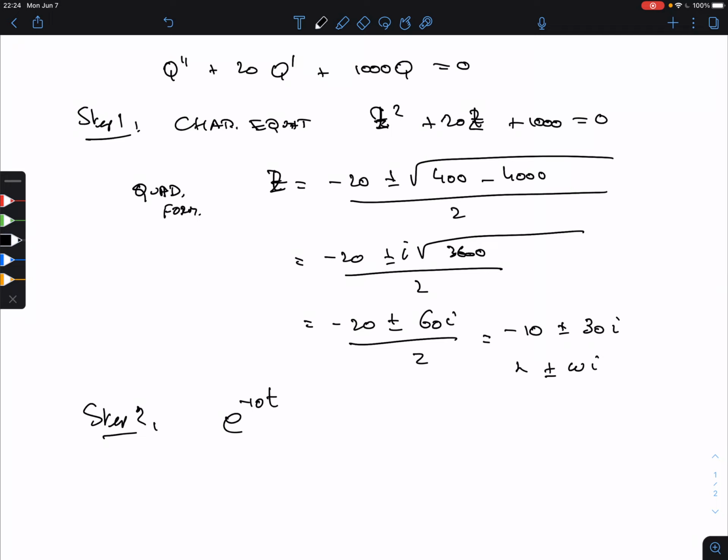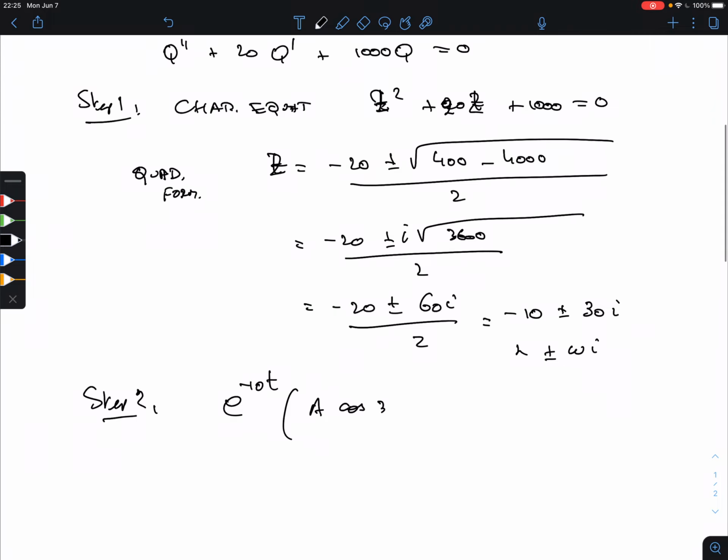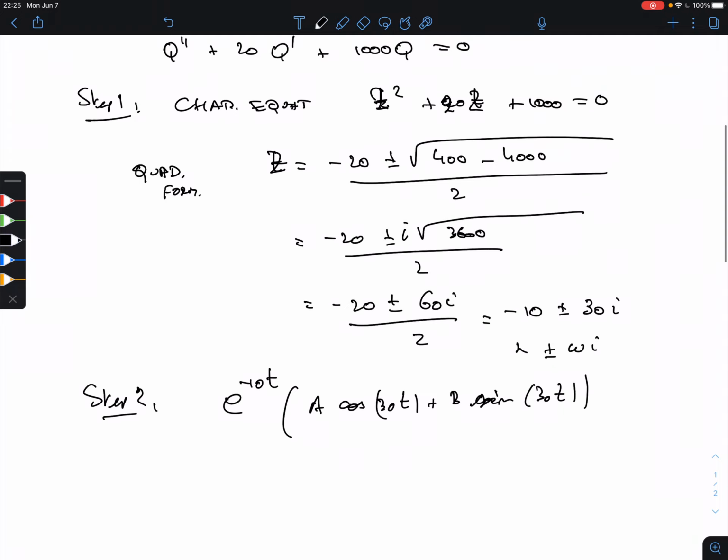That was nothing to do with it. That was just an auxiliary variable to solve this equation. So we get e to the minus 10t, and then we get a cosine of omega, which is 30t, plus b sine 30t. Okay, so far good. This is q.